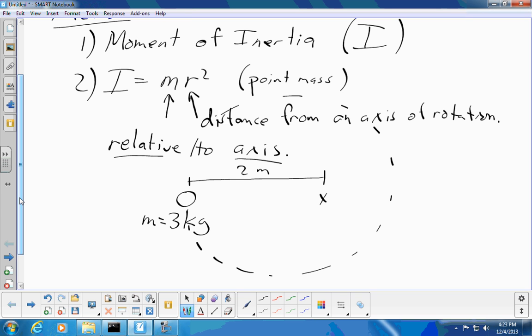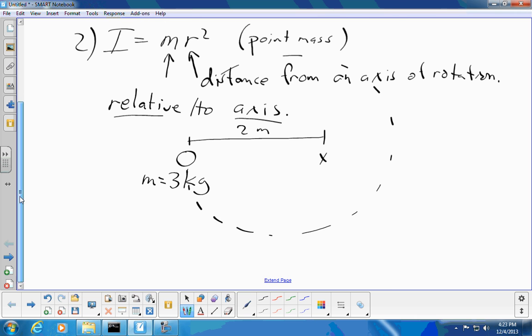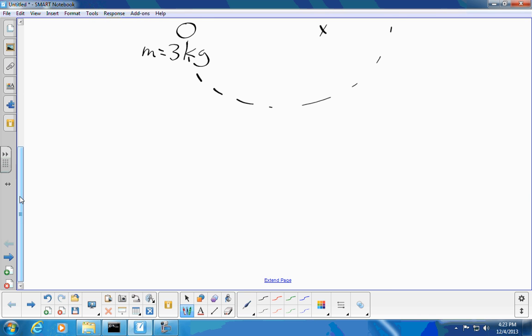Okay, so it's a quantity. The quantity includes mass and distance, and it must be specified relative to an axis. Just for kicks, let's find the moment of inertia of this point mass, just to see what happens when you put the numbers into the formula.